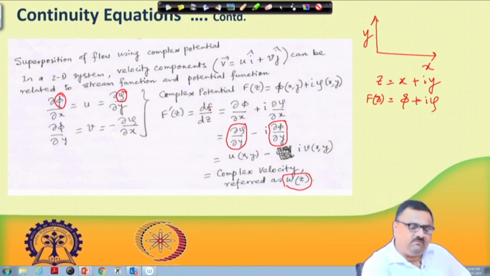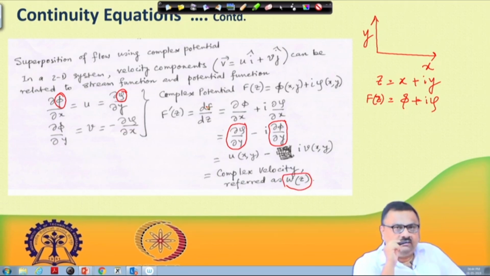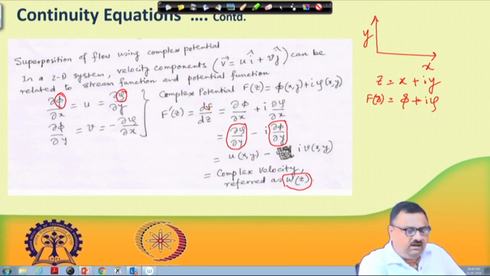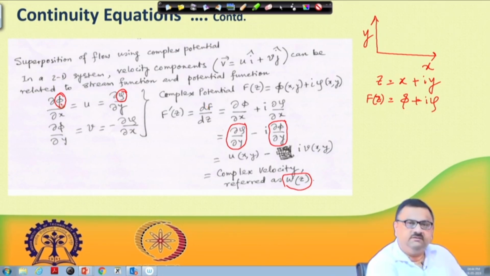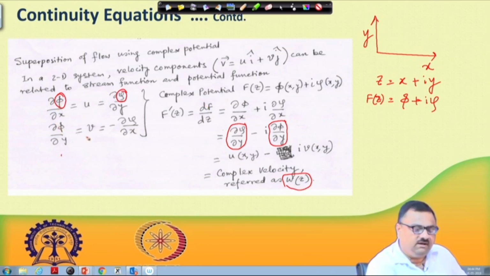So, this is the complex potential. Earlier we had a potential phi, and we took a derivative of it and got the velocity. We took a derivative in the y direction and got the y component of the velocity.